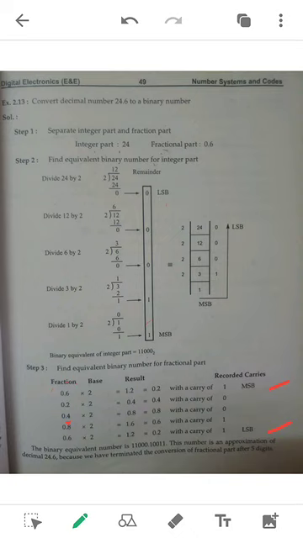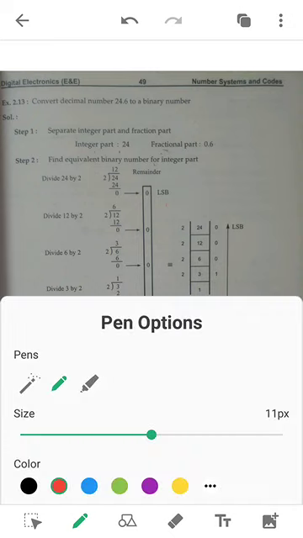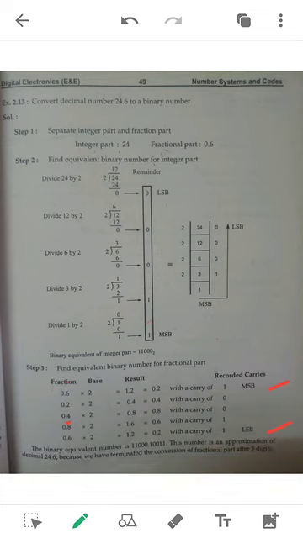So total you are getting the result of this 24.6 as 1, 1, 0, 0, 0. Sorry, I will show here.